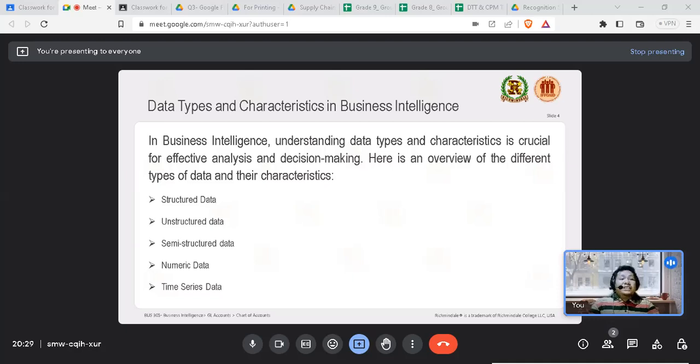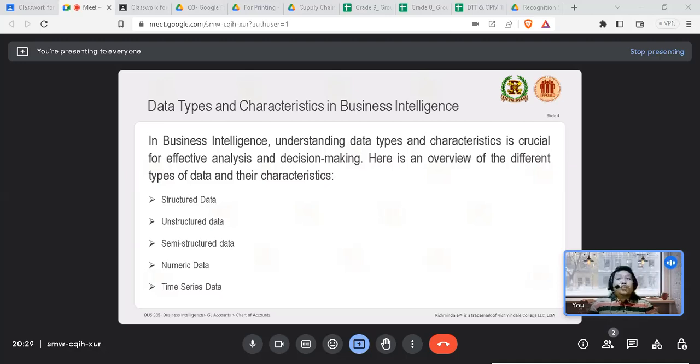Then partial organization: it is not as structured as traditional relational databases. Semi-structured data exhibits some levels of organization or hierarchy through its elements or tags. Then scalability: it can handle diverse data types and scales effectively, making it suitable for handling large volumes of data from various sources.